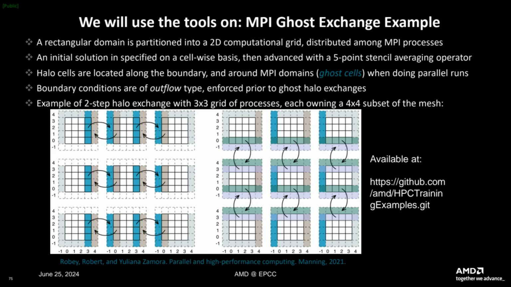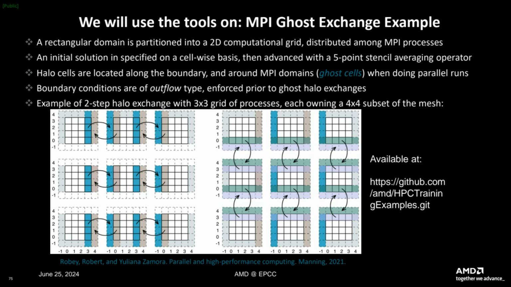We are going to be focusing on this example that you can clone from our GitHub repo on HPC training examples. It is based off of Bob's book on HPC and GPU computing. This is a simple example meant to symbolize something you could easily find in real world application codes.